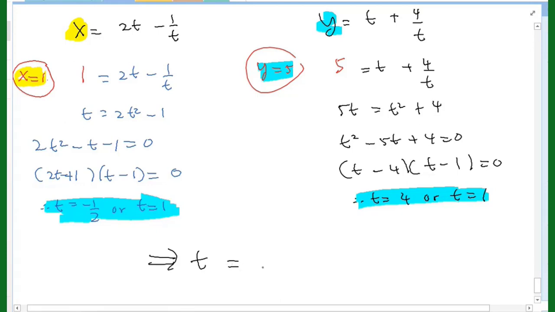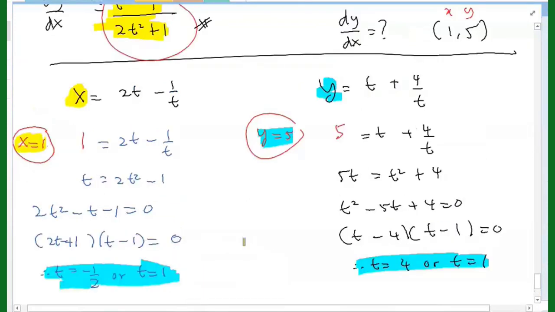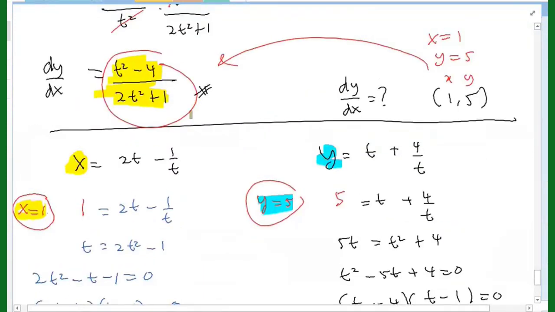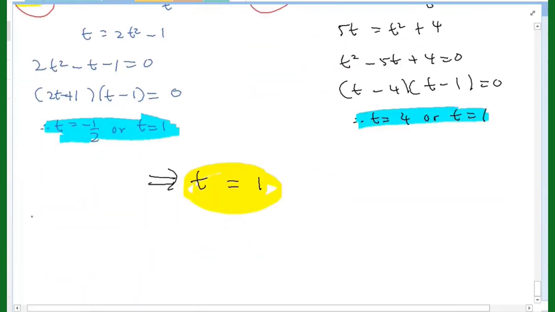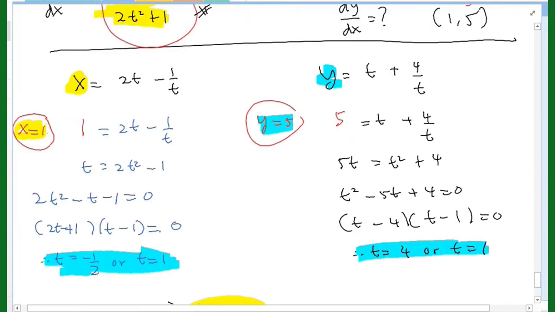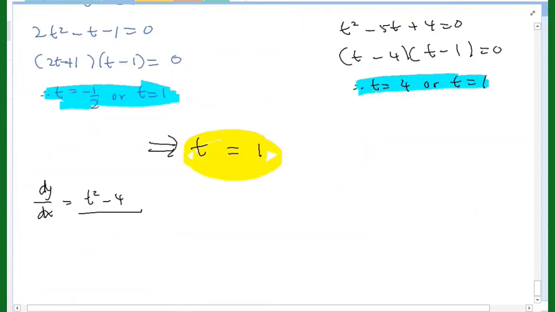T is equal to? Yes, good. T is equal to 1. Okay, t is equal to 1. Now substitute t. dy/dx is (t squared minus 4) over (2t squared plus 1).